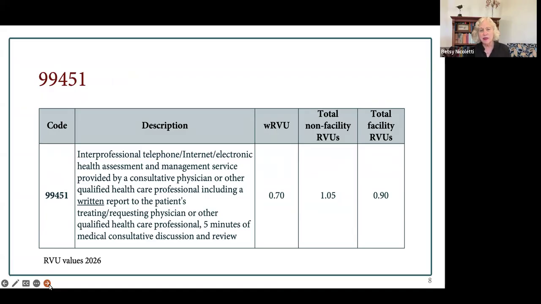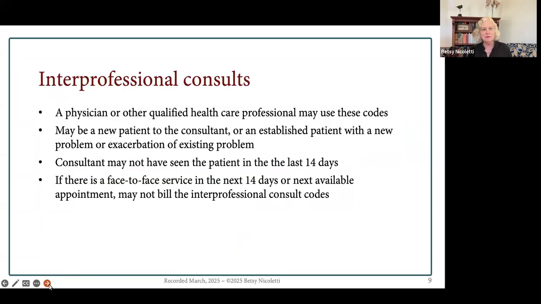And it's 5 minutes of medical consultative discussion and review, but there's no upper limit on that time. So if there isn't a verbal and a written report, if there's only a written report, the only code we have to bill is 99451. While we're here, notice that this 5 minutes has a work RVU of 0.70, because I'm going to come back to that in a minute.